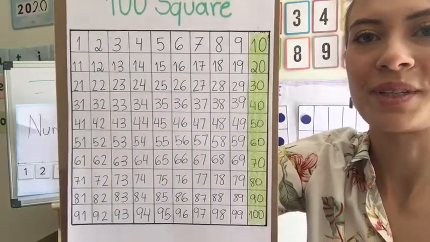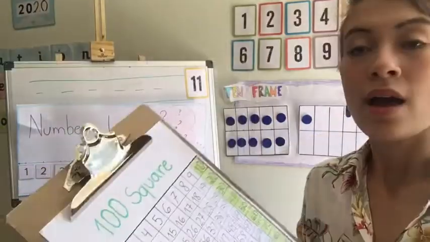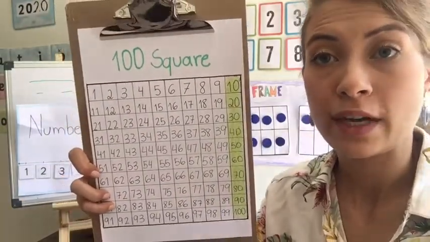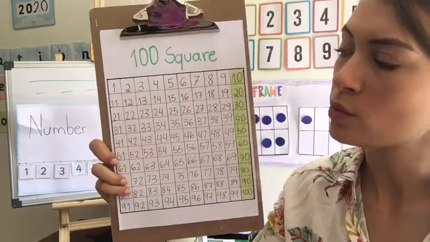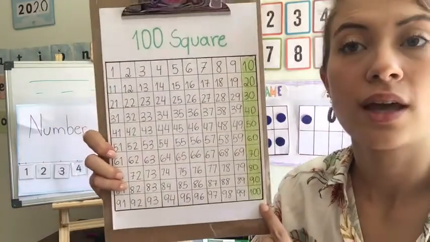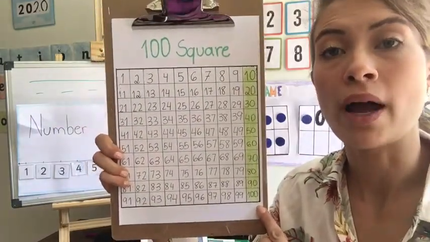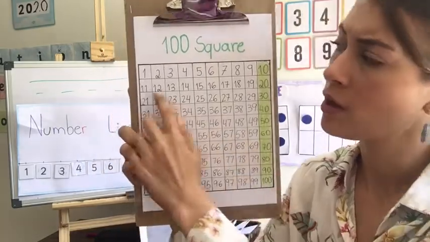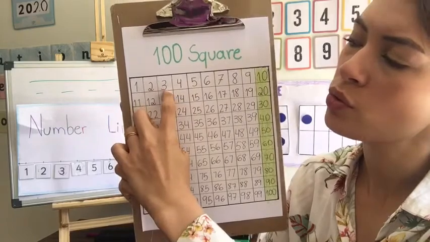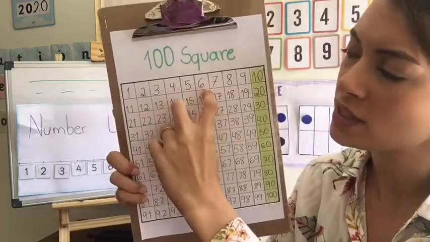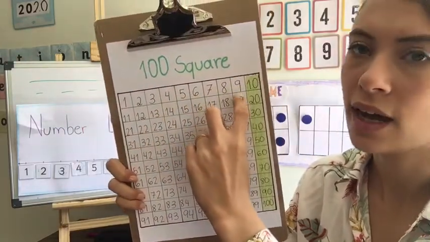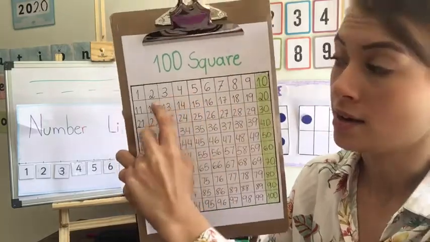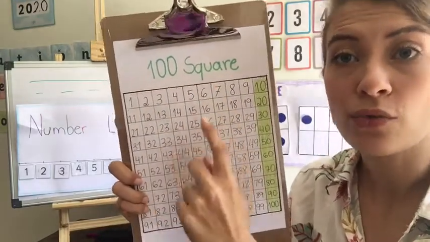Okay? Good job. Well, if I want, for example, to count up to 100, if I'm going to count one by one, it's going to take a long time. For example, 1, 2, 3, 4, 5, 6, 7, 8, 9, 10, 11, 12, 13, 14.